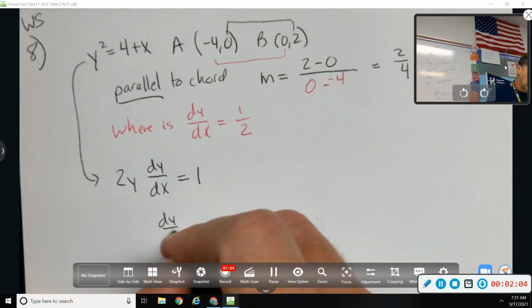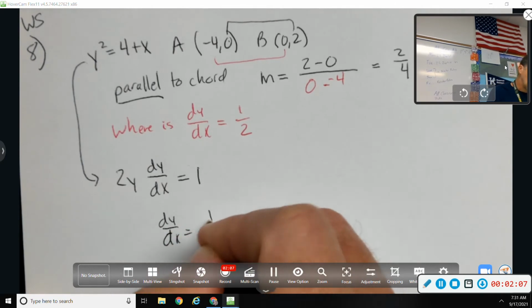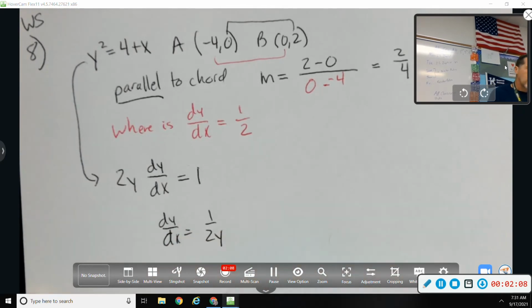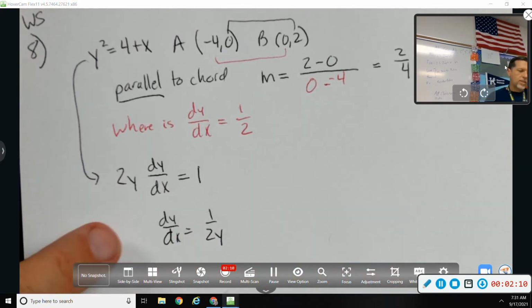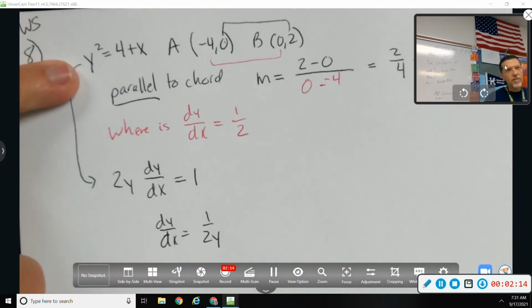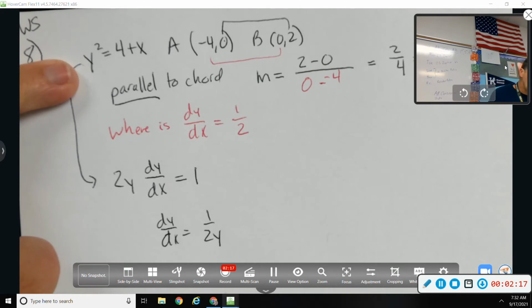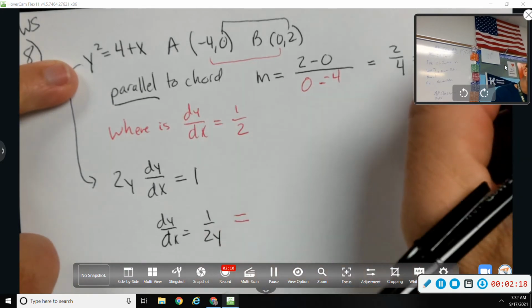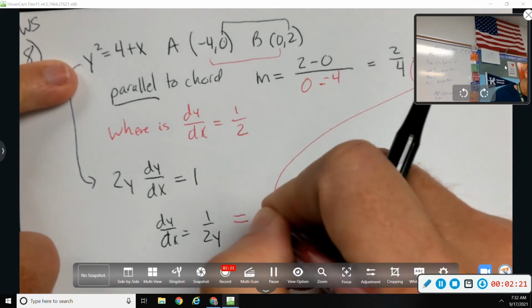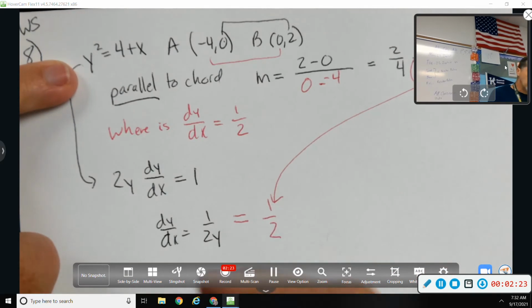So dy/dx equals 1 over 2y. That's the slope of the tangent line to this graph. But that also needs to equal 1/2. So 1 over 2y equals 1/2.